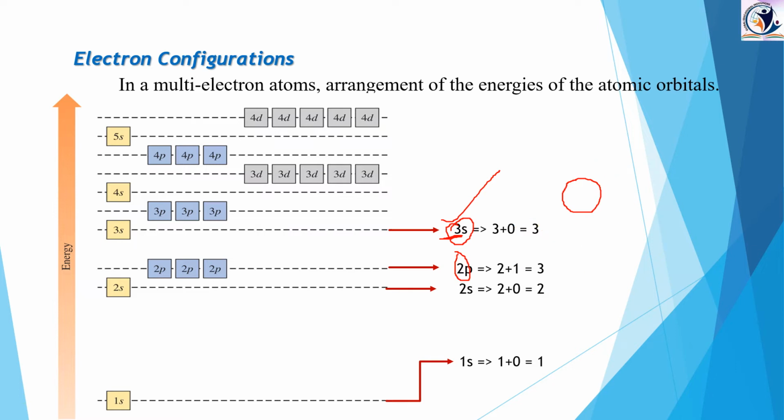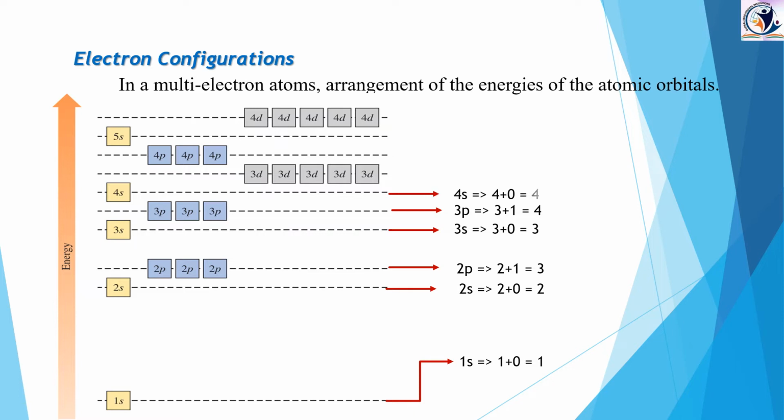Now let's see the next ones. Coming to 3p: 3 plus l, where l is 1 for p, that is 3 plus 1, which is 4. Now, why did 4s come without going to 3d?